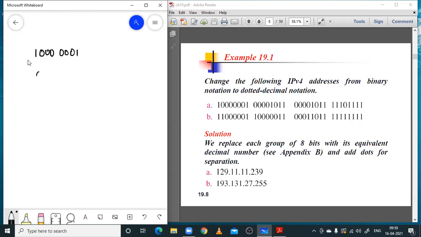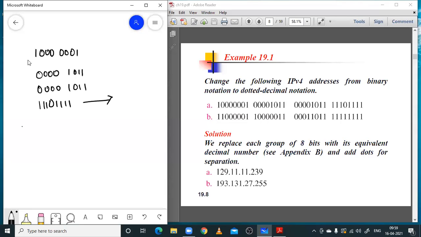The second one is 00001011. Now coming to the next one, 0000. We are solving the first question, and coming to the remaining, 1111. Okay, so what is the value here?